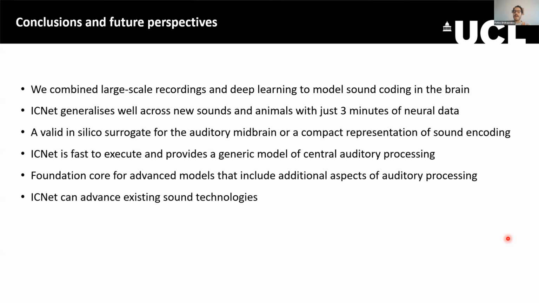I think the exciting part here is that we're getting closer to actually building these kinds of complex models, and using them for building advanced models that include additional aspects of auditory processing, such as behavioral modulation and higher level computations, similar to the speech recognition task we talked about, and also advancing existing sound technologies such as hearing aids, with a hope that these kinds of models can make machine hearing systems that perform more and more like humans.